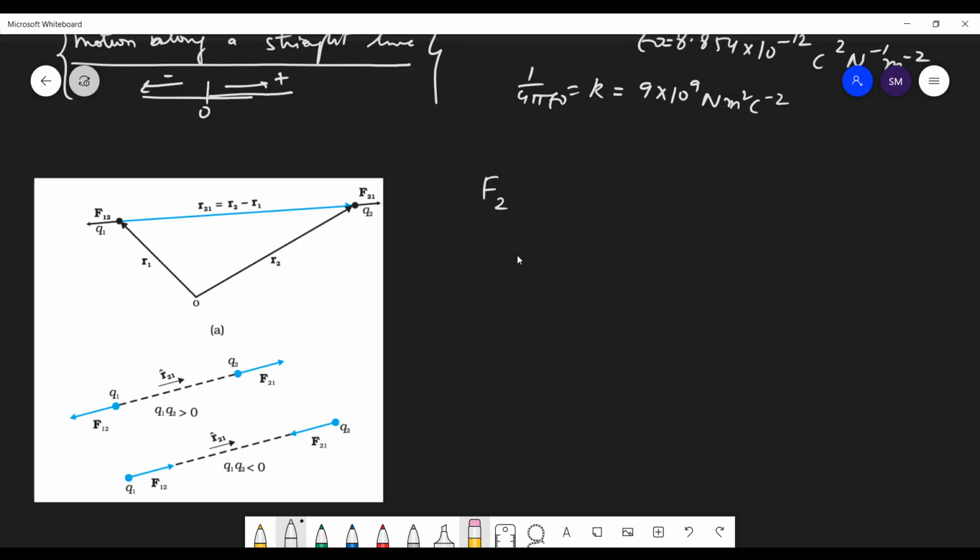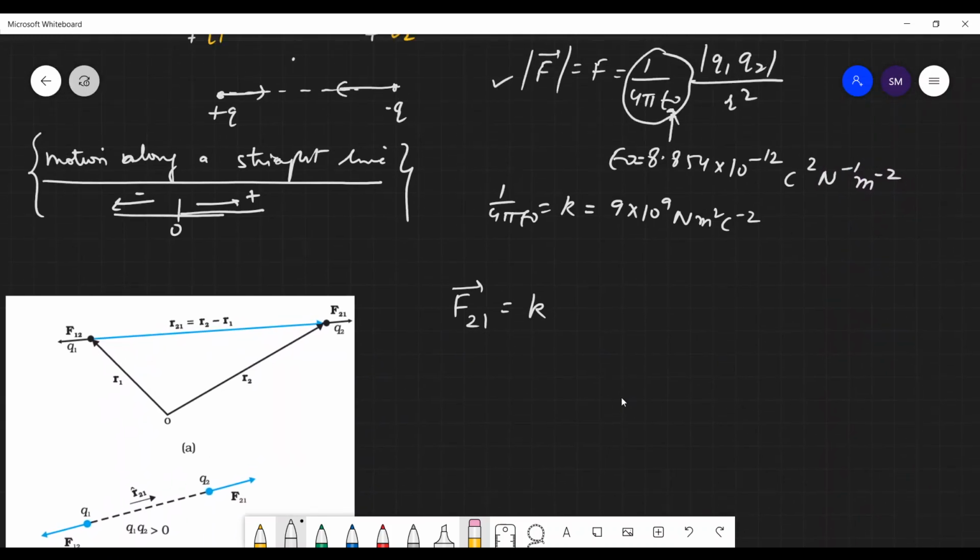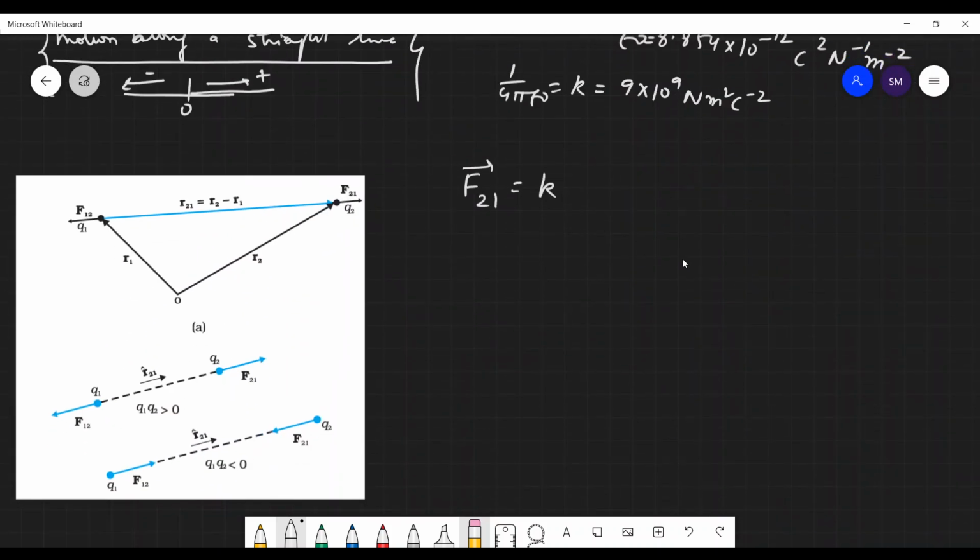So let us write force on 2 due to 1. In vector form, 1 upon 4 pi epsilon naught is K, so K Q1 Q2 divided by R square. And what will be the direction? This is an important thing. The direction of F21 is this direction.